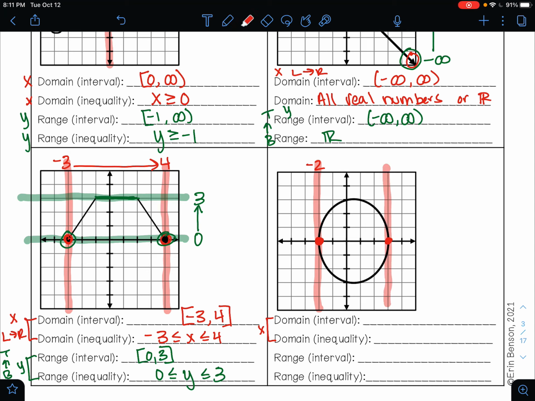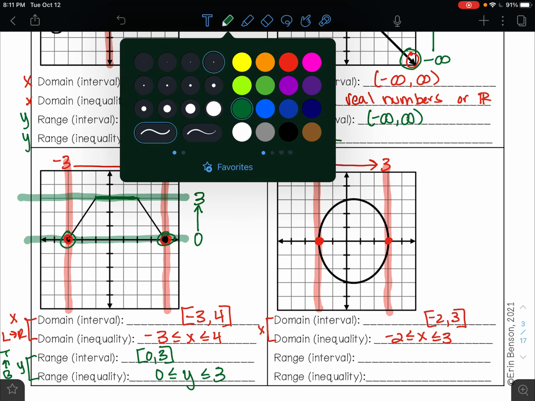This is where x is 3. So my domain from left to right is from -2 to 3. -2 gets a bracket because it is on a solid line. 3 gets a bracket because it is on a solid line. So as an inequality, this would be -2 is less than or equal to x is less than or equal to 3.